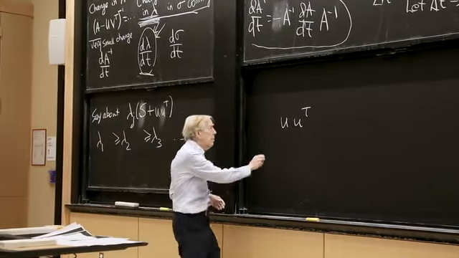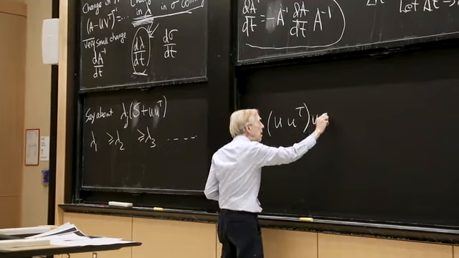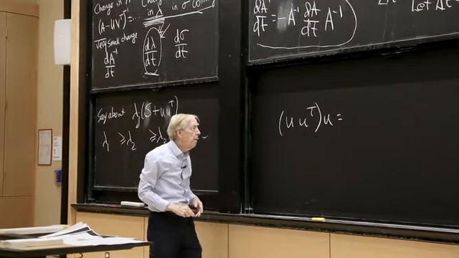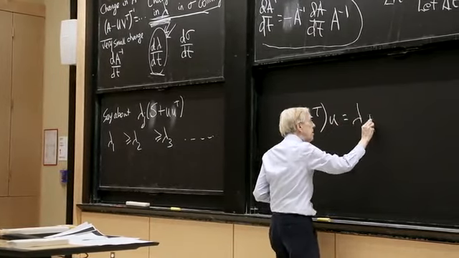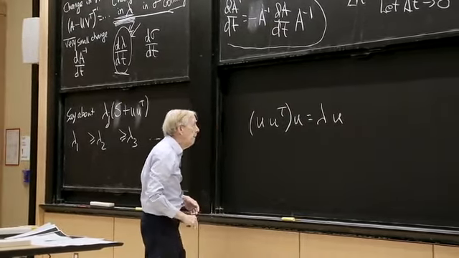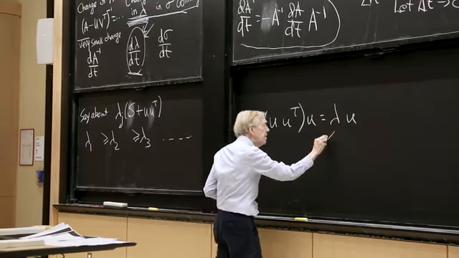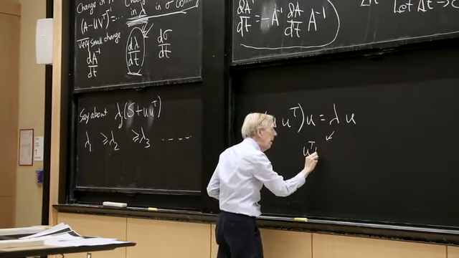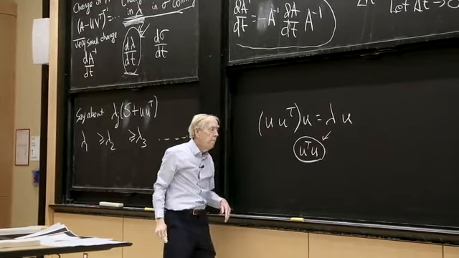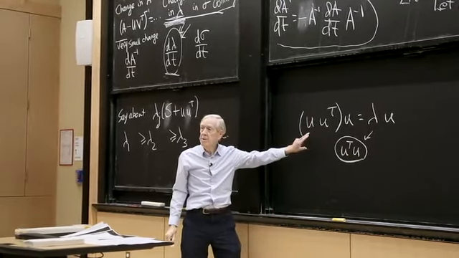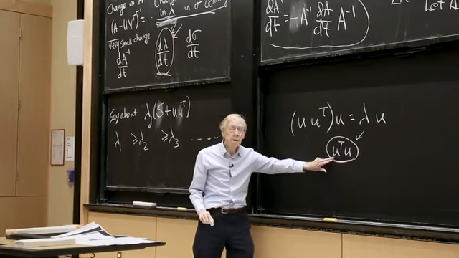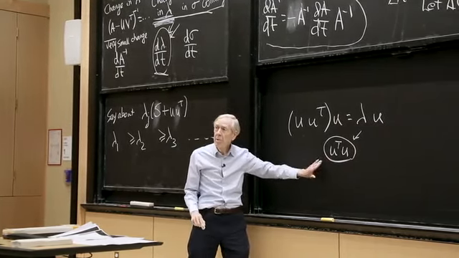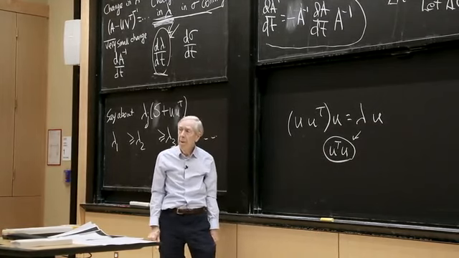U. If I multiply my matrix by U, I get some number times U. And what is that number lambda? That lambda happens to be U transpose U. So that's different from UU transpose. That's a number. And what can you tell me about that number?